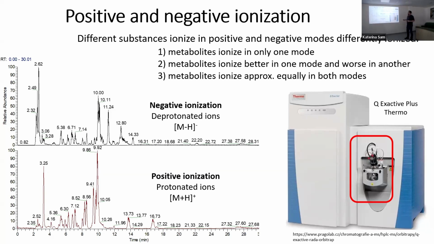A lot of compounds have a signal in the positive and in the negative modes, but a lot of metabolites are impossible to measure in the negative mode. Typically, the quaternary amines have a permanent charge, and it's impossible to measure these compounds during the negative ionization. This is the chromatogram from the negative and from the positive ionization from the same samples.